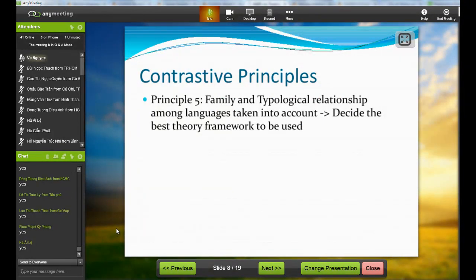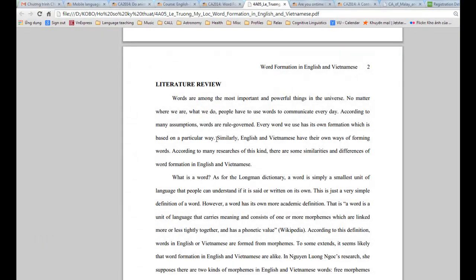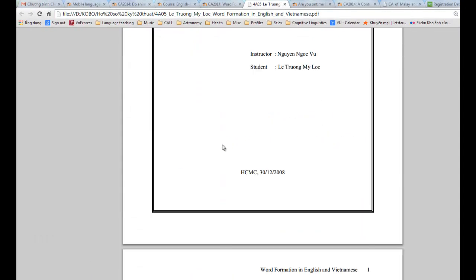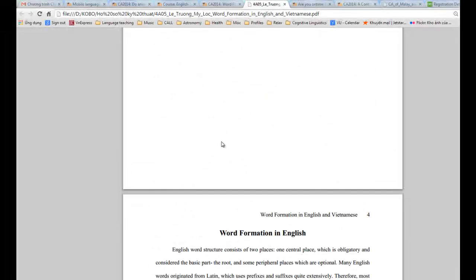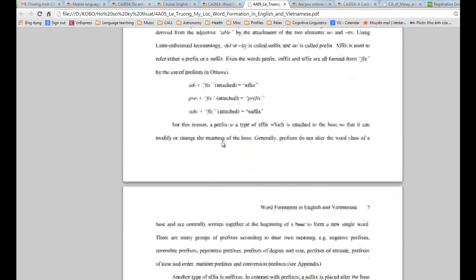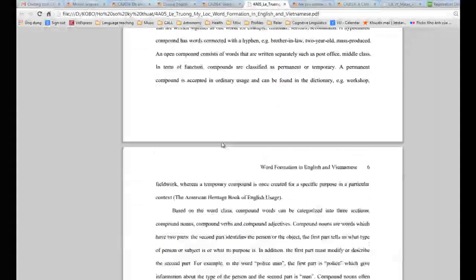Yes. Okay. So which part of her essay do you find discussion about family and typological relationship? Which part of the essay? Is it in the literature review, in the abstract, or in the word formations, in the compounding?